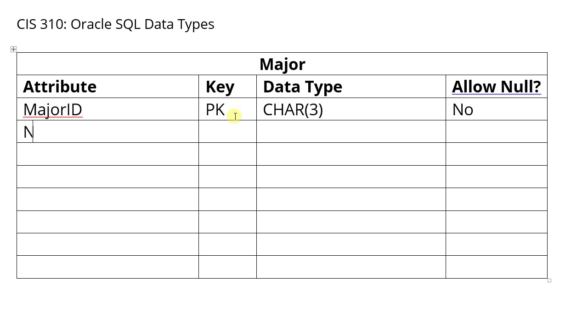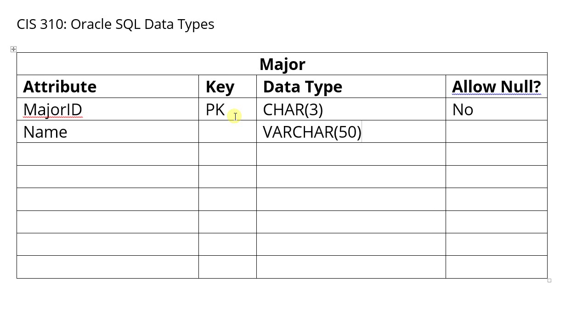Let's put in another attribute. How about the name of the major? So CIS is the major ID or the prefix, but really the full name of our major is Computer Information Systems. So that's much longer. That is not a primary key. And for this one we would choose varchar, or a variable length character field.